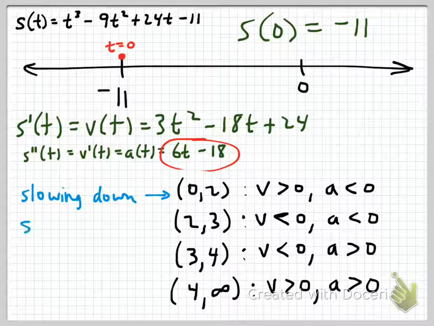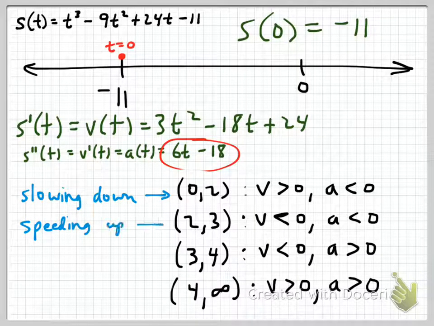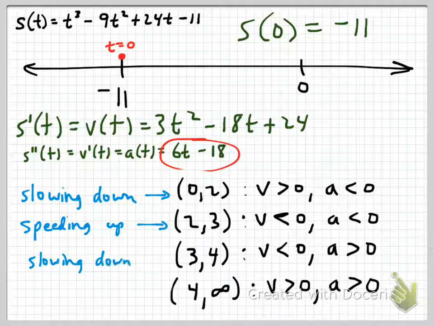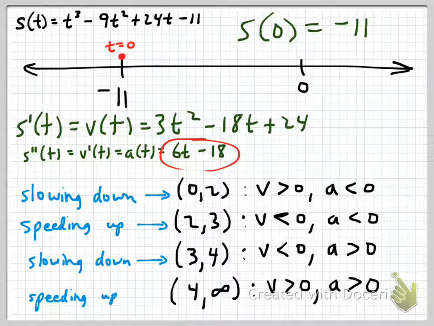So again, we have that the particle is speeding up on the interval from 2 to 3, and then from 3 to 4, velocity and acceleration are working against each other, so we are slowing down on that interval. And then the particle is moving right and pushing right from t equals 4 to t equals infinity, so therefore the particle is speeding up on that interval.